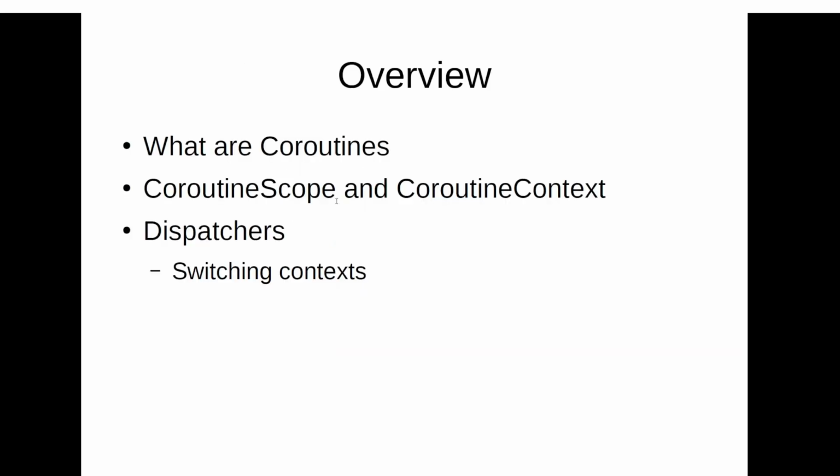We're going to look at what a coroutine is. We're going to talk about some of the specific characteristics of coroutines, such as coroutine scope and context. And then we're going to look at dispatchers, essentially determining which thread a coroutine will execute on and how we can switch between those dispatchers.